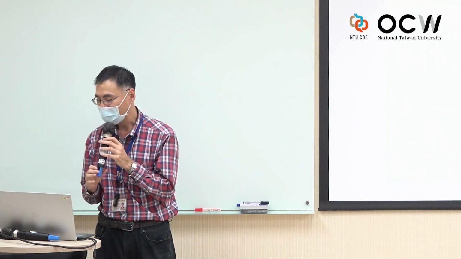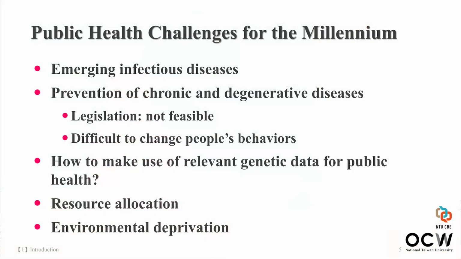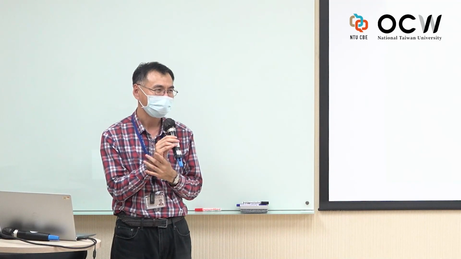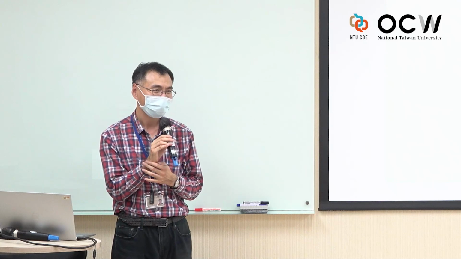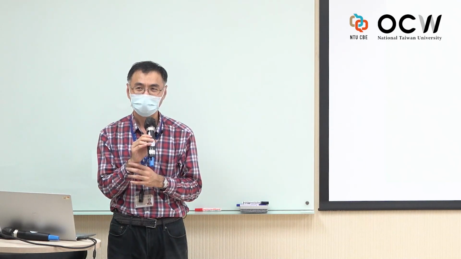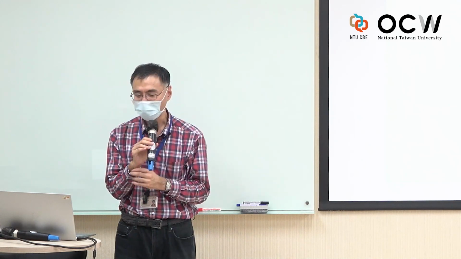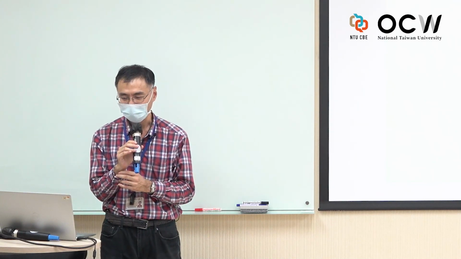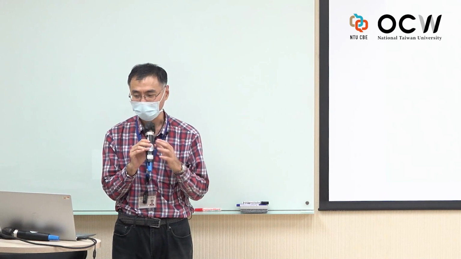Okay, but it's pretty unlikely that we could use the strategy of legislation to prevent chronic diseases, like a tax on saturated fat products or sugar. Right? I don't think it's feasible to ban or put a high tax on drinks with sugar or saturated fats.